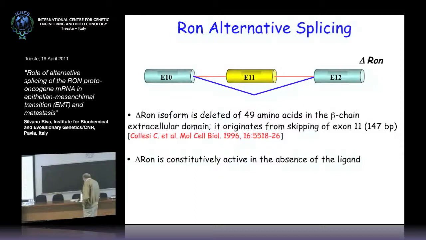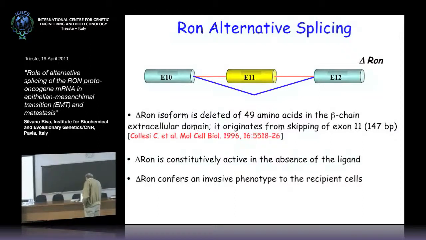So this friend of ours asked us to investigate what was the mechanism that caused the skipping of this exon and that had such profound consequences on the activity of this oncogene. And we did a lot of work and discovered that delta-RON, in fact, confers invasive phenotype to the recipient cells.